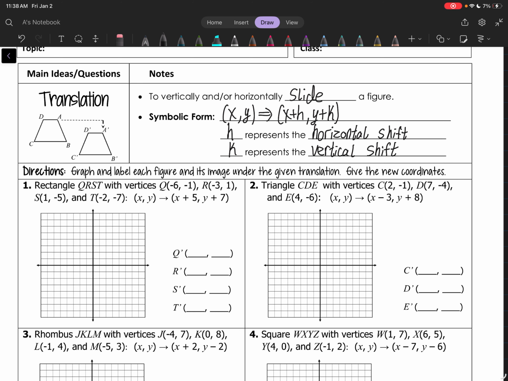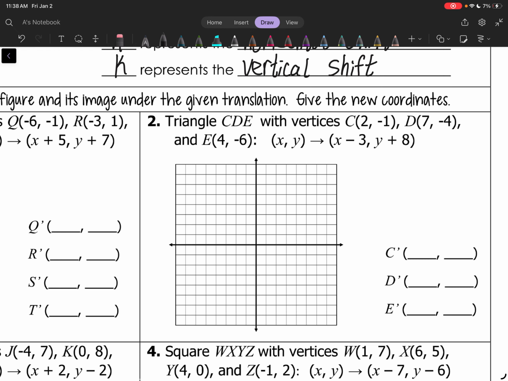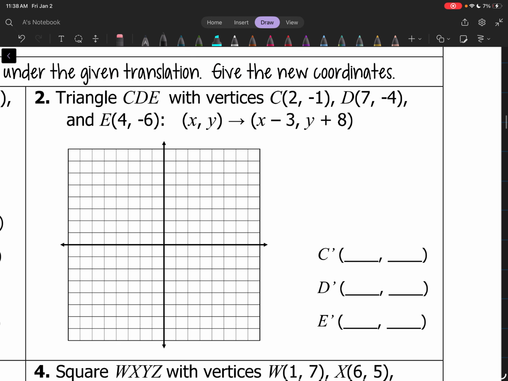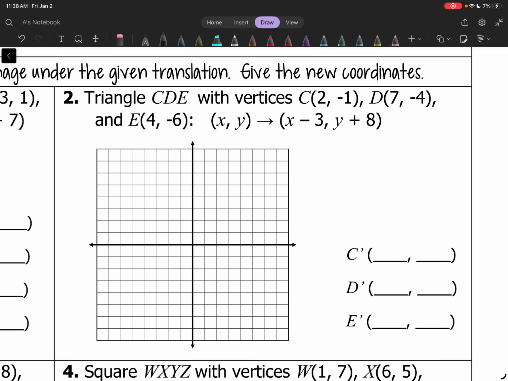Let's look at number 2. Triangle CDE has vertices C (2, -1), D (7, -4), E (4, -6). So let's plot these: 2, -1, 7, -4, and 4, -6.